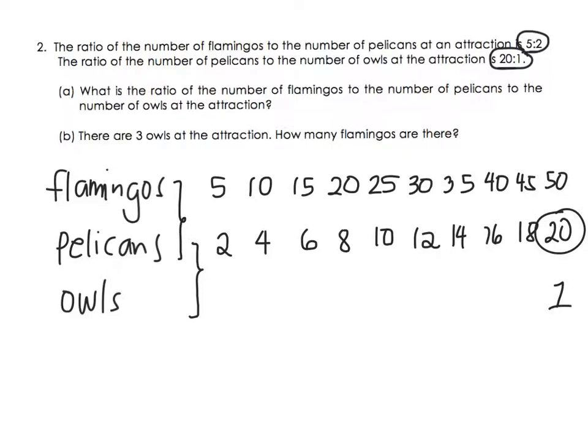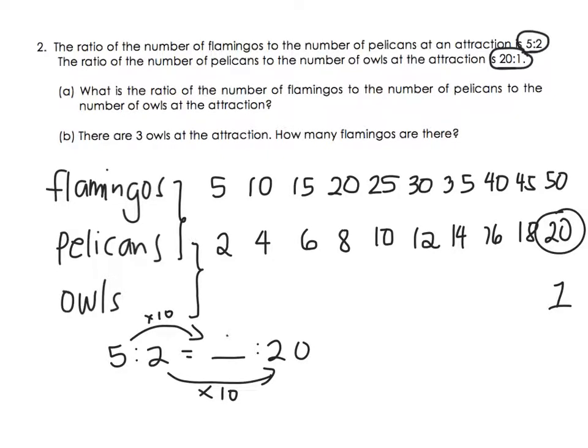We can also use multiplication to solve for this because you can make an equivalent ratio to 5:2 such that there are 20 pelicans. And to reach that, you'll need to multiply by 10. So if you multiply by 10 here, you'll get 50 as well.